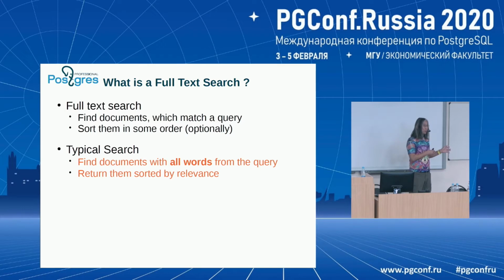For example, you go to a shop, you see something, you find something, and then your full text search takes into account your interests and starts recommending documents that don't only match a query, but also match your entire life. And we sometimes do the same. But what IT people want from Google is that a document contains all words from the query and is sorted by relevance.